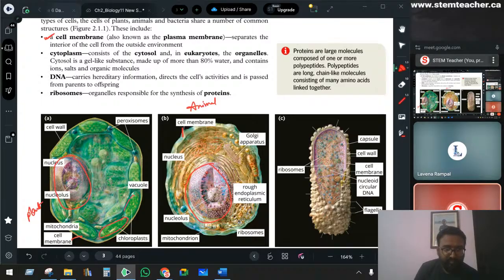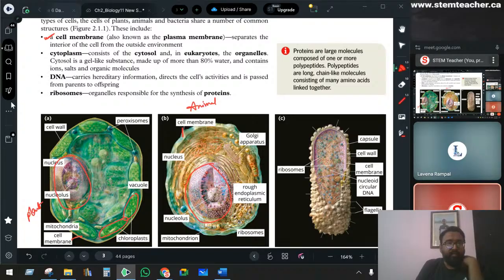It exists inside the animal cell also. It is a jelly, not a dry piece. Everything is a liquid gel-type substance.